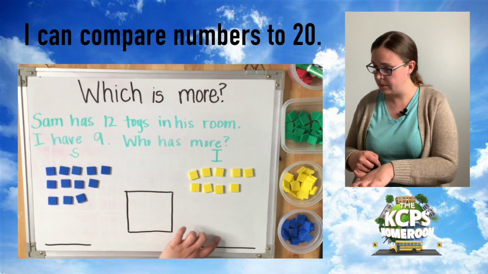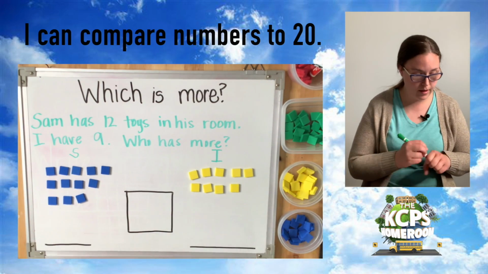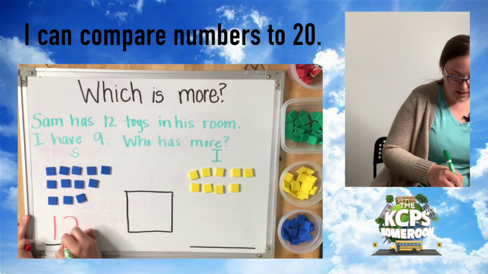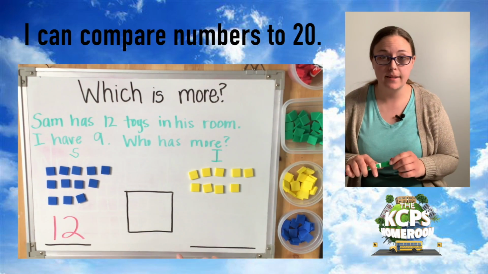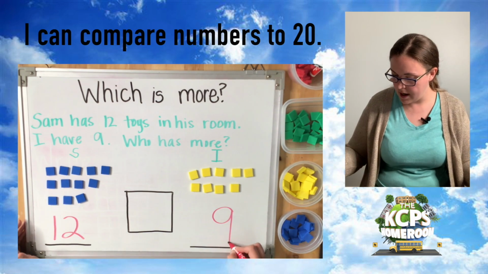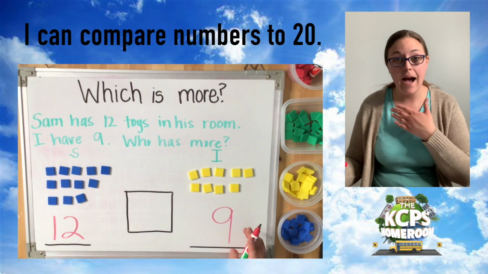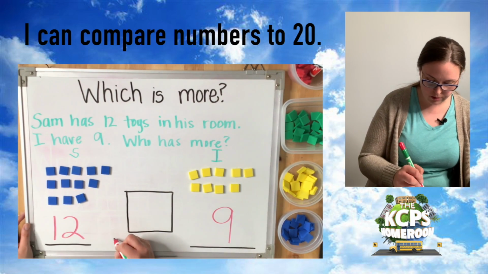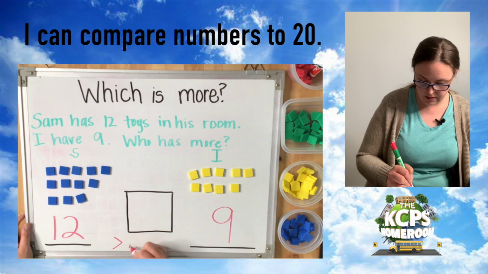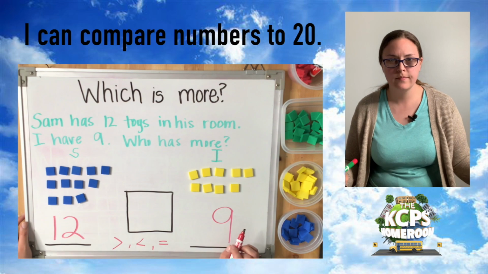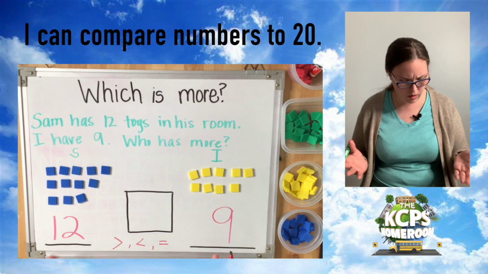Down here, I'm going to write a comparison statement. On this side, I'm going to write the number 12, because that's how many toys Sam has. On the right side, I'm going to write the number 9. That's how many toys I have. In the middle, we are going to talk about the symbols greater than, less than, and equal to. So who has more?